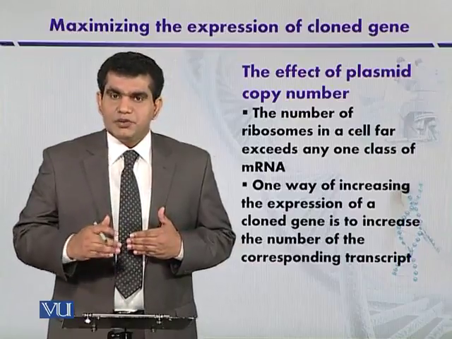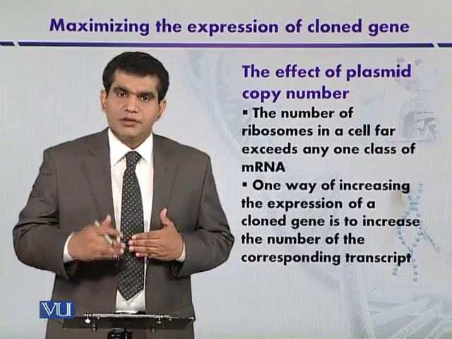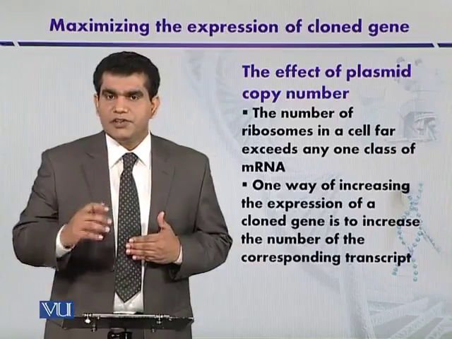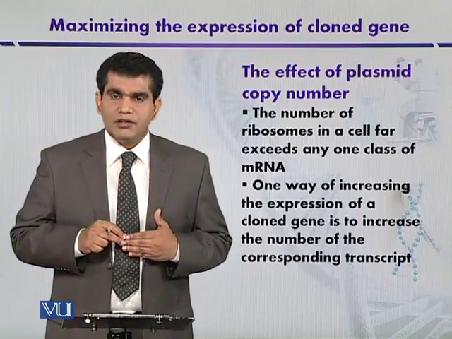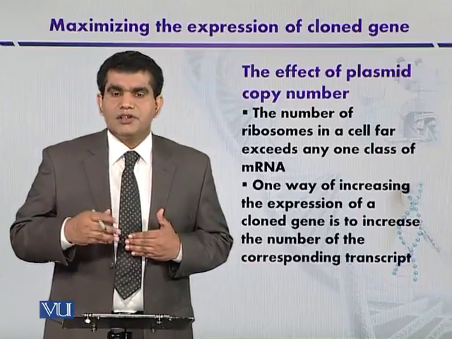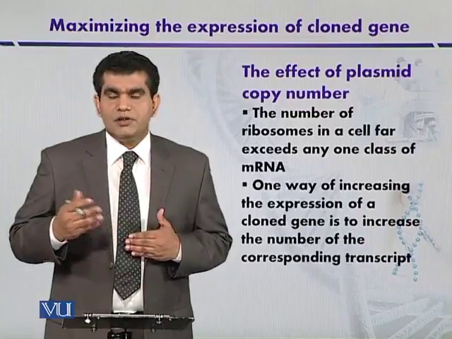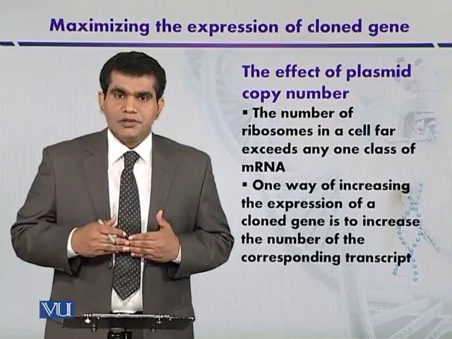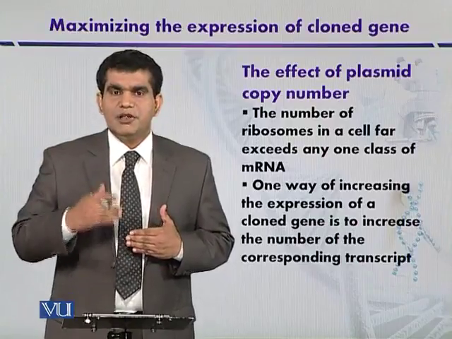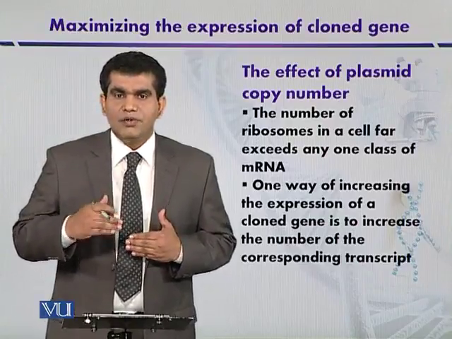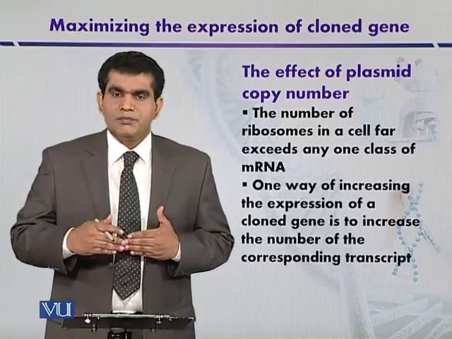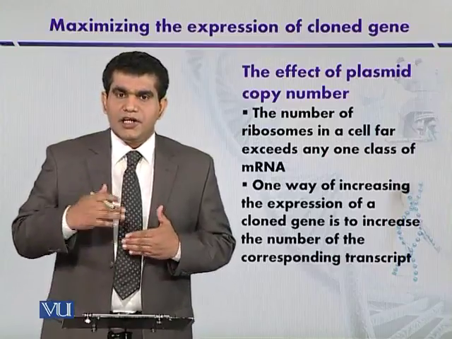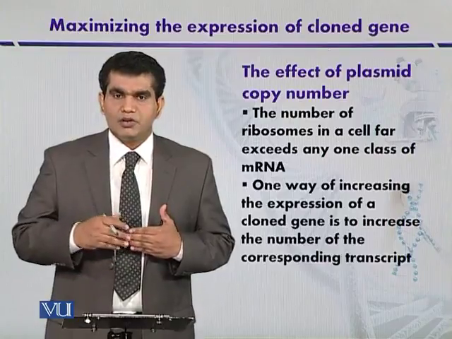So by using the bacterial strain or host strains that are deficient for RNA1 or a regulatory protein like ROP protein, the copy number of the plasmid can be increased. But along with this, we should also keep in mind that the copy number per cell is also controlled by the host's genetics.